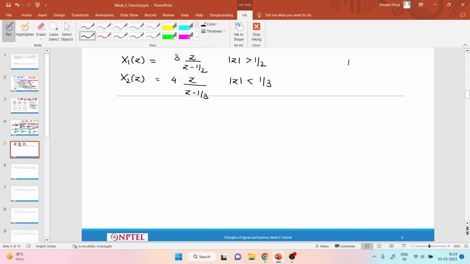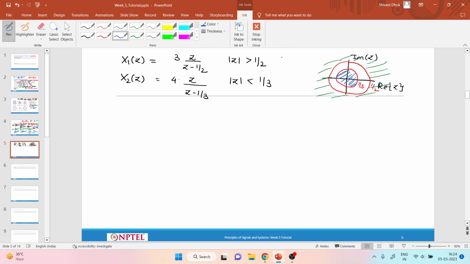So for that, let's say I have this real part of z, imaginary part of z, and this is the circle of radius 1 by 3, and this is the circle of radius 1 by 2, and the region corresponding to x1 of z is everything having radius greater than half, which is something like this, and the region corresponding to magnitude of z less than 1 by 3 is this region.